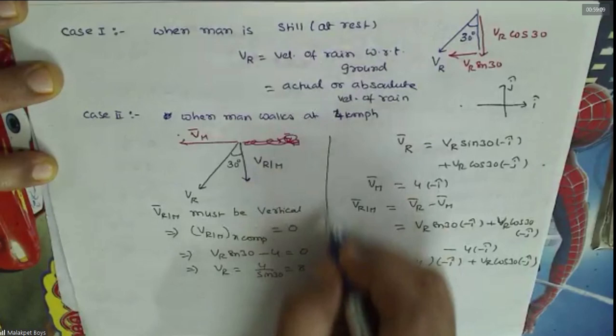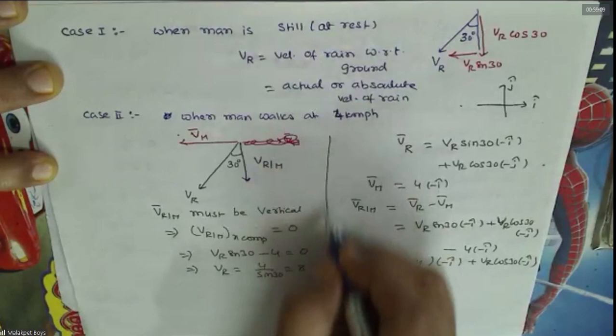How much is it? 3 times the original speed. What is the original speed, man? VM is 4, no? 4 minus i. That means how much it will be? This is case 3, no?